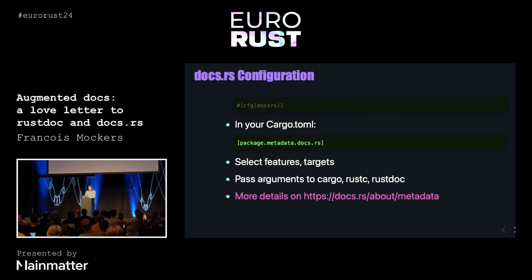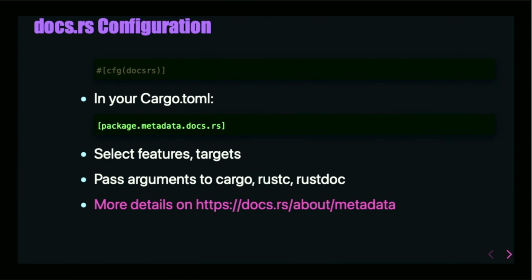And so, as I was saying, when building for docs.rs, you have this configuration that you can check to be able to build some part of your code only on docs.rs and not in other cases. This can be useful to enable only nightly features that are used in the docs, for example. There's another option to configure. It's in your cargo.toml file.